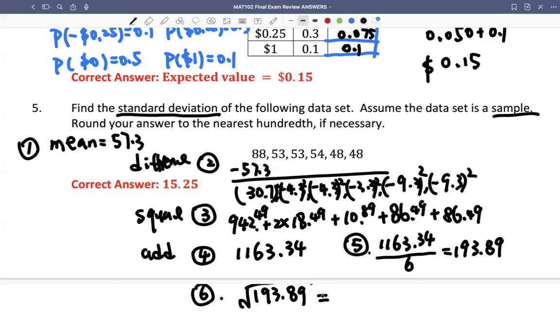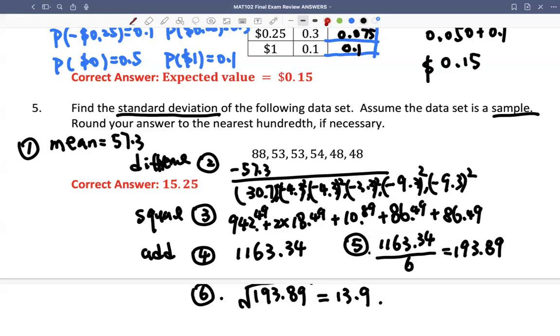It should be, let's see, 13.89. It's very close to 13.9, so we just round it up to 13.9, right?